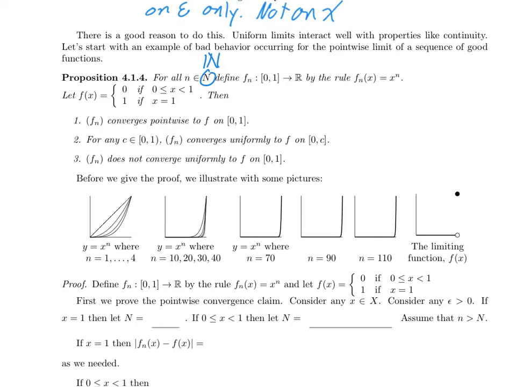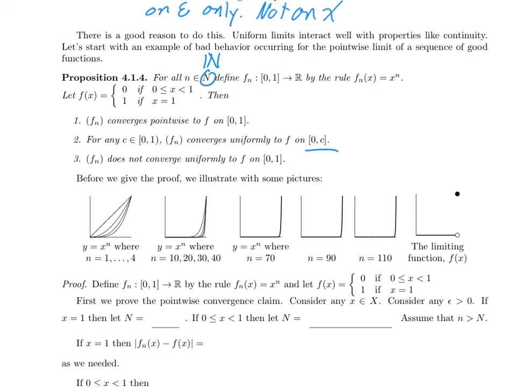I claim f sub n converges pointwise to f. I claim that for every number c smaller than 1, f sub n converges uniformly to f on at least the closed interval from 0 to c, so as long as you avoid 1. And f sub n does not converge uniformly to f on the closed interval from 0 to 1. Before we even give the proof of the first item, let's see some pictures.